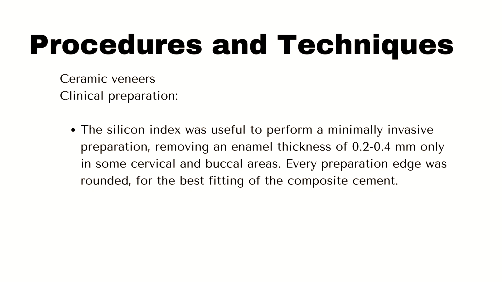You should only remove enamel for about 0.2 to 0.4 millimeters thickness, and it should be rounded, especially in the cervical and buccal areas. The purpose of the rounded tooth preparations is to reduce stress in the restoration. Sharp line angles will lead to stress concentration at those areas that will cause fracture of the tooth.